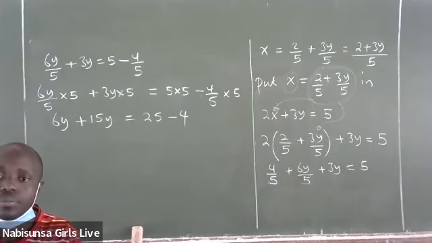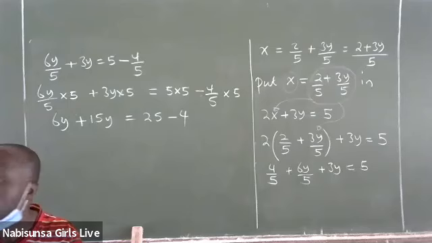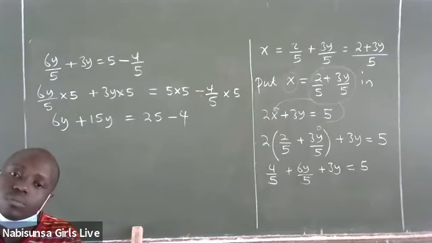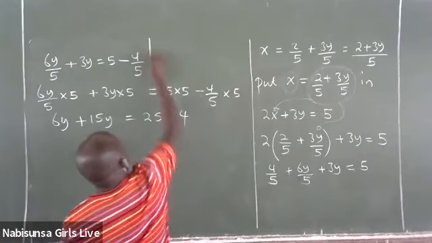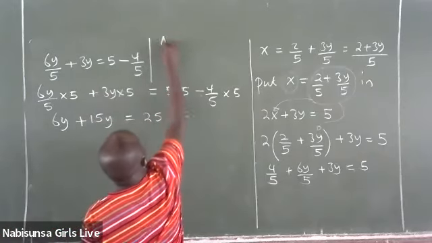Excuse me, teacher. Yes, Elizabeth. When you say we get the LCM, I thought that since we have 6y out of 5 plus 3y, you put 3y out of 1, then their LCM is 5. But I'm saying times 5, times 5, it is the same thing. What I've done here is the same thing.